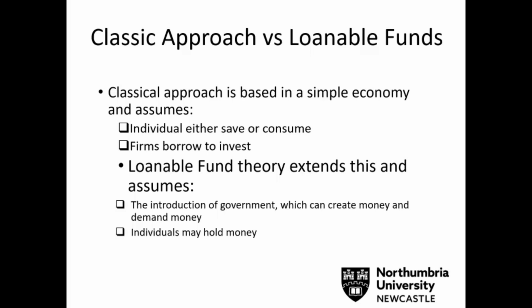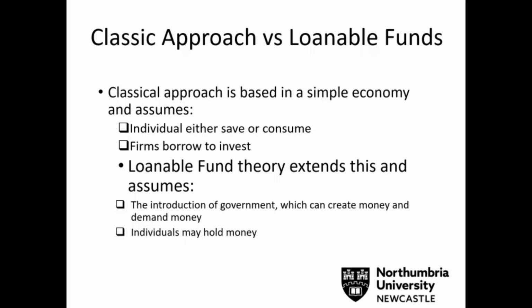So the demanders are just borrowing to invest in positive, profitable investments. If it's an organisation, they might get a loan to buy new machinery to make their business more efficient, for instance. So it's just a concept of individuals either save or consume, while firms just borrow to invest.